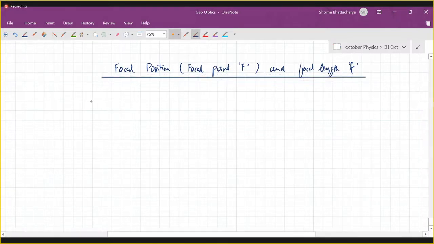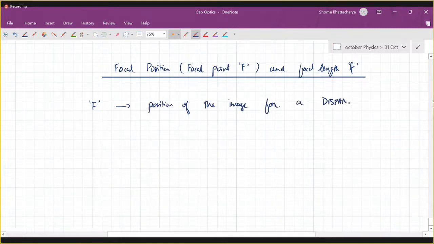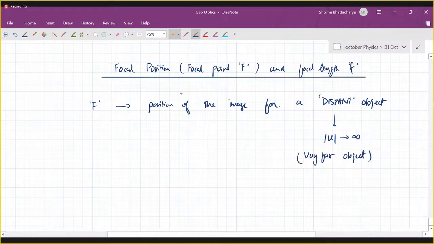So focal point is defined as the position of the image for what we call a distant object, that is very far away object. That is a simple definition.